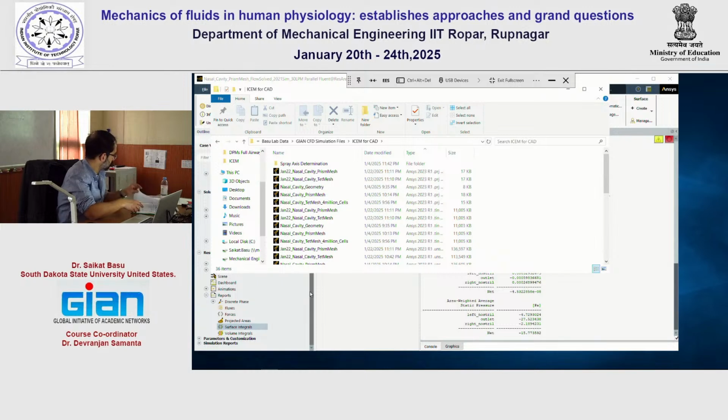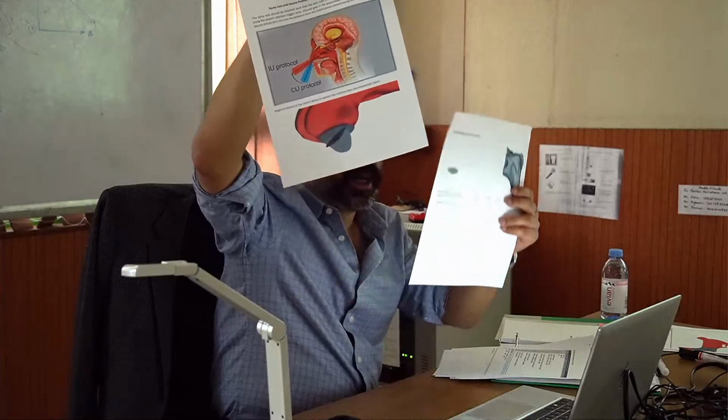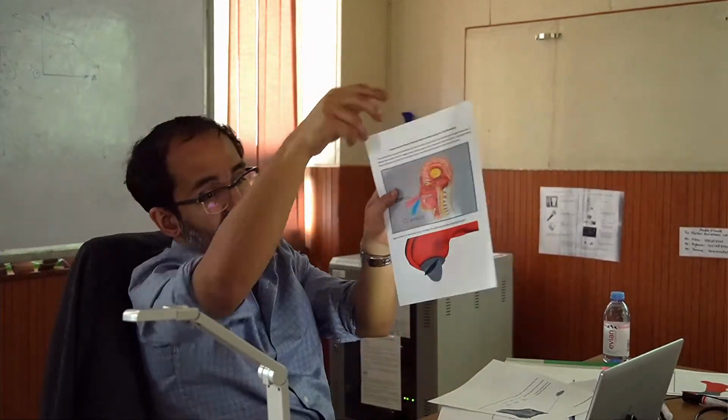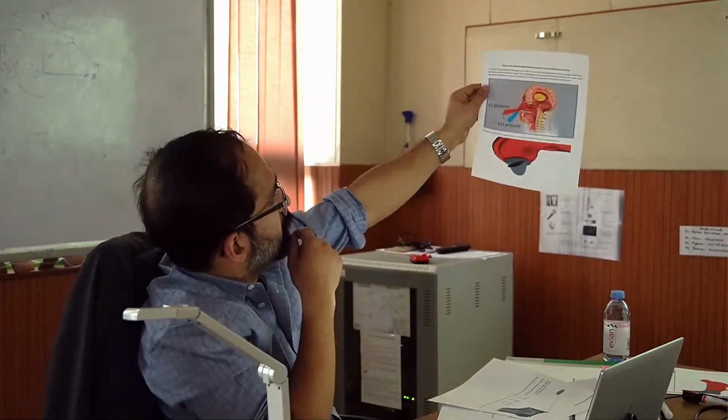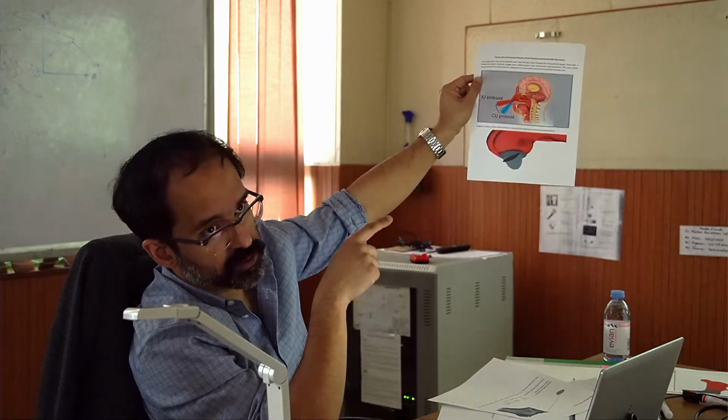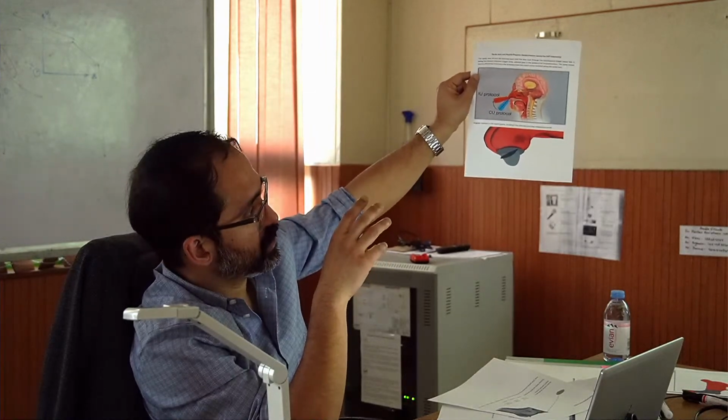So for that, if you look at your printed pages, essentially it will be first this page over here, and the second one is this one. In the first one, and I showed this briefly in the talk yesterday, the CU protocol is the current use protocol, which is what they recommend.